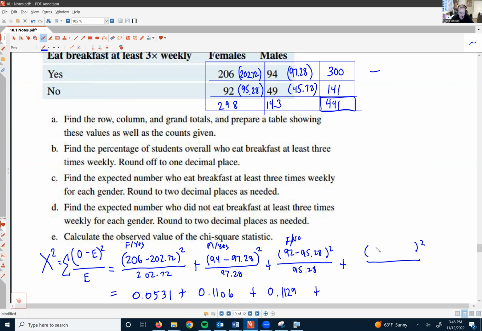And the last one, males who said no. The observed was 49. The expected was 45.72.